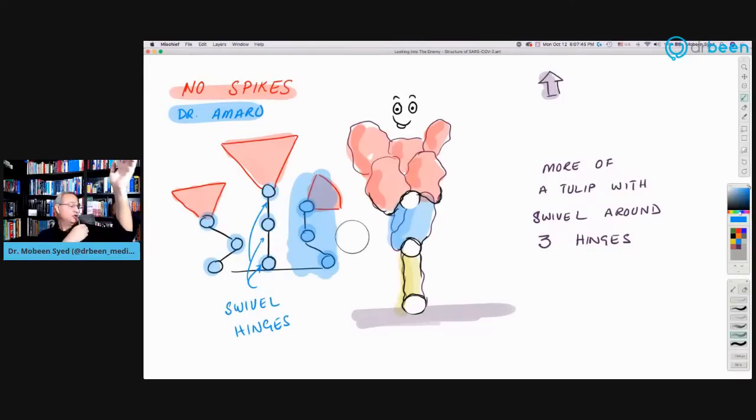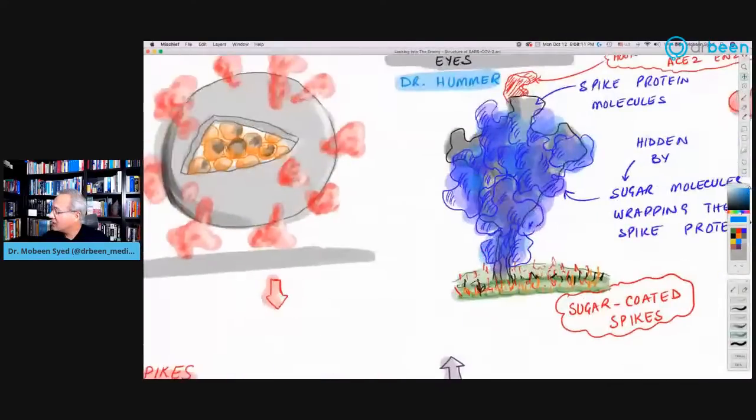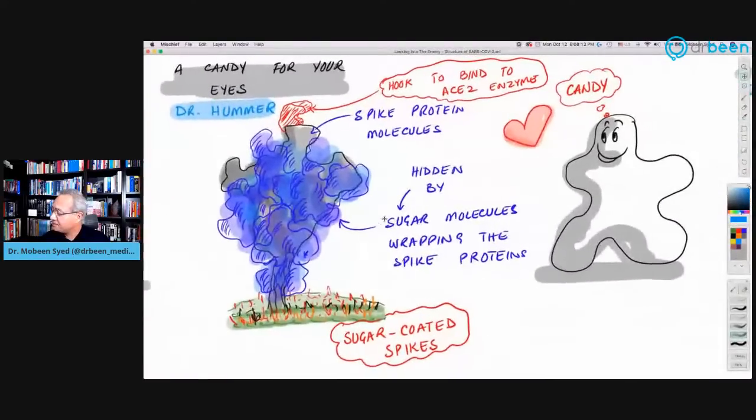The shoulder joint, the elbow joint and the wrist all make the stem of the spike protein, and the hand is the tulip part or the end part of the spike protein, and that hand moves around on these 3 angles. And so this is the structure of the spike protein. And then these are the swivel angles around which the spike protein can move. So I want to show you that as well in a second. So give me 1 second.